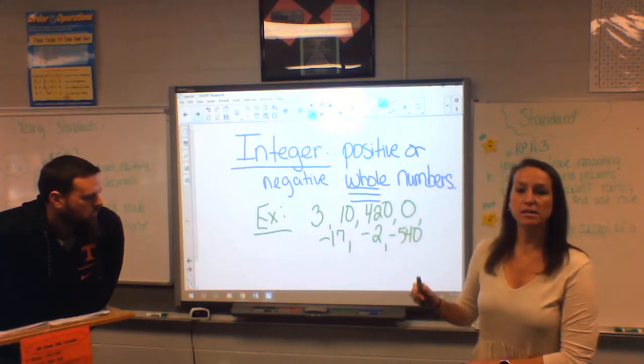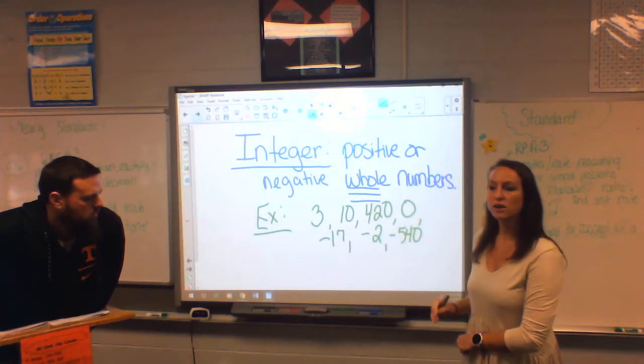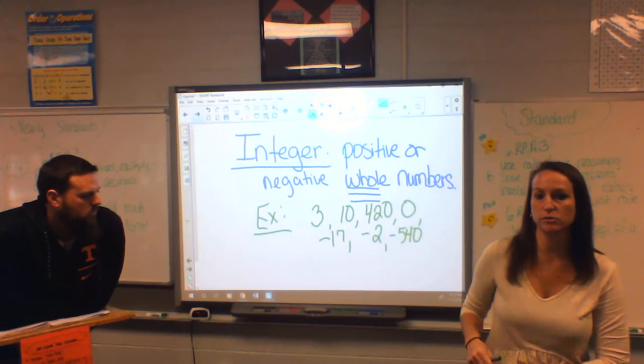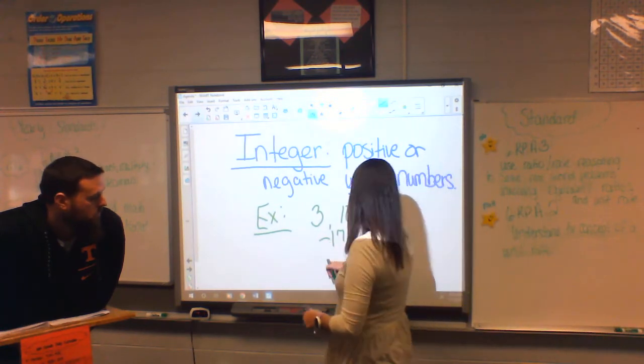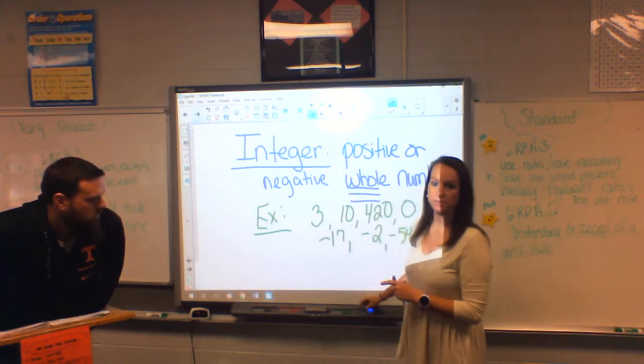Anything that's a positive or negative whole number. Fractions and decimals are not integers. They're only integers or whole numbers. That's one of the big takeaways: you have to know what an integer is today.